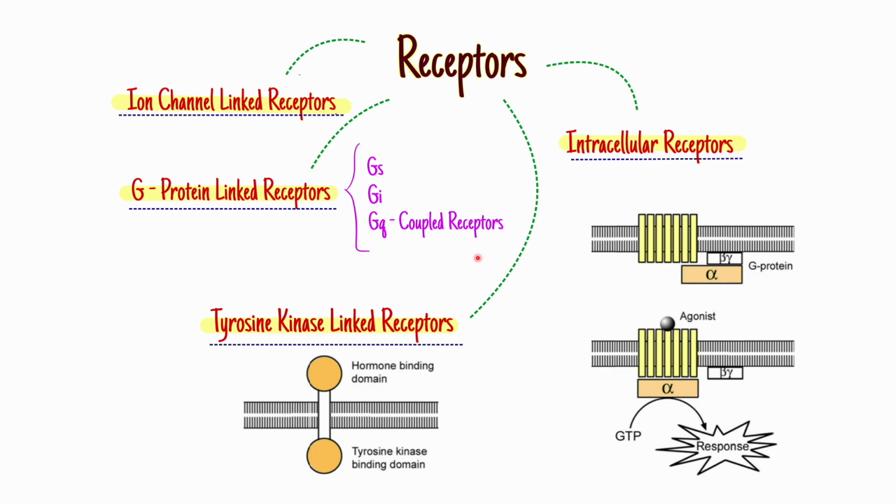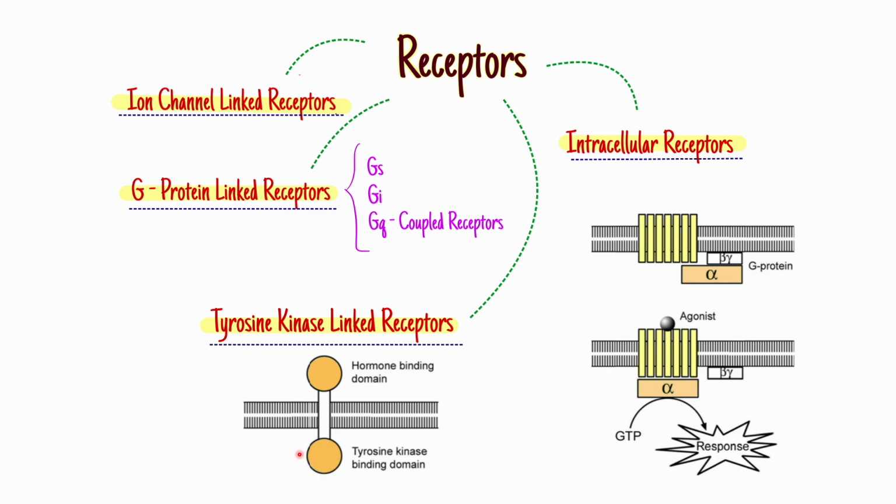The third type is tyrosine kinase linked receptors, and these receptors have domains, as shown here: an extracellular domain, also called alpha domain, and an intracellular domain called beta domain. And usually this beta domain is linked to tyrosine kinase enzyme.